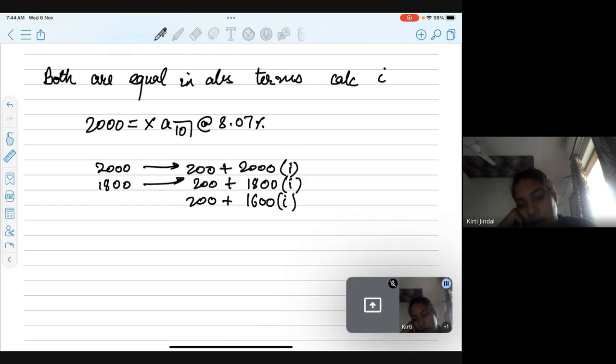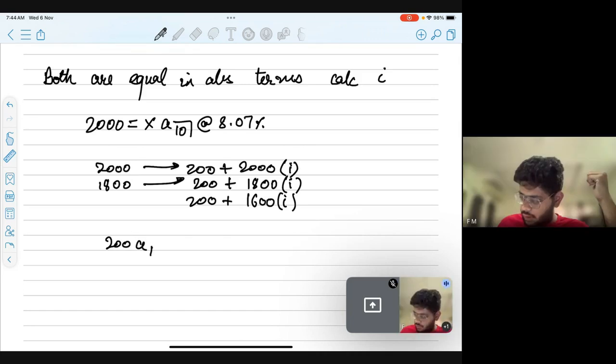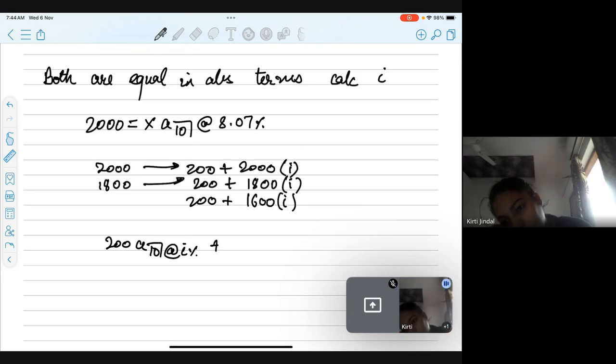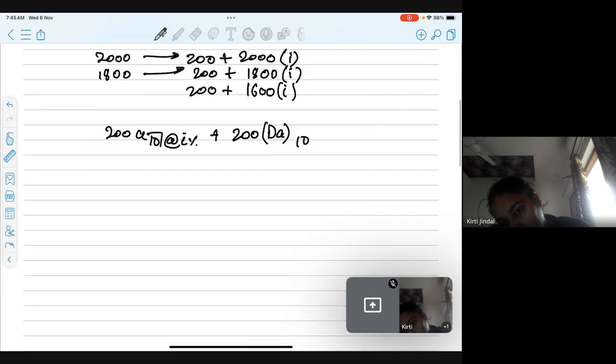Okay, so the cash flow equation will be 200 annuity for 10 years plus 200 decreasing annuity, and equating it to the other equation.